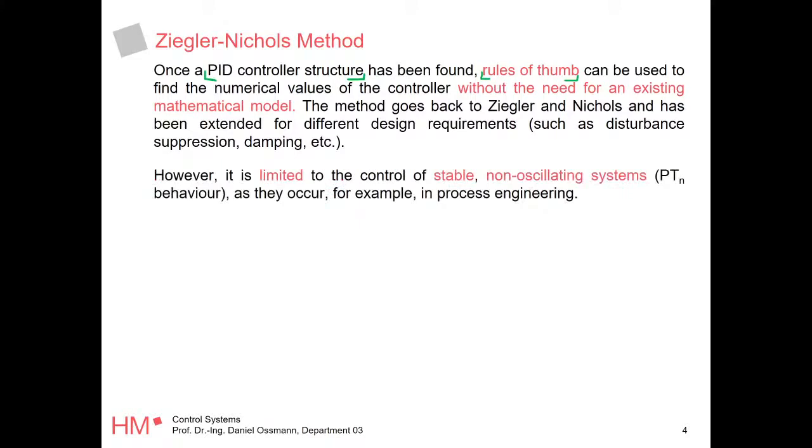So, the first problem already, it is really limited to the control of stable systems which are non-oscillating. So basically we are talking about PTn behavior or PDTn behavior, which are non-oscillating, right?